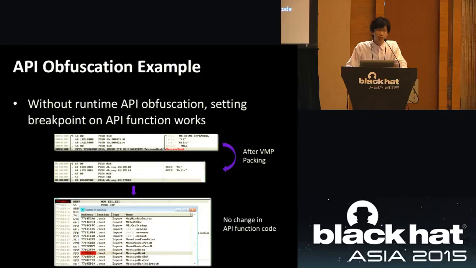But when we set a breakpoint on the API function, we can finally reach the API function itself, so we can analyze it more easily. And the code never changes during runtime.